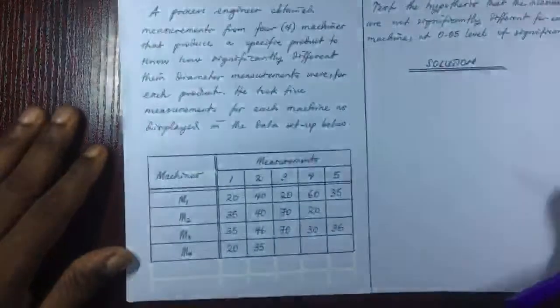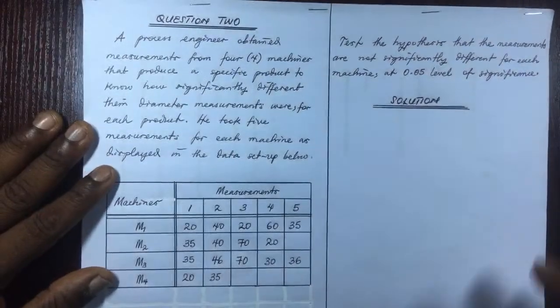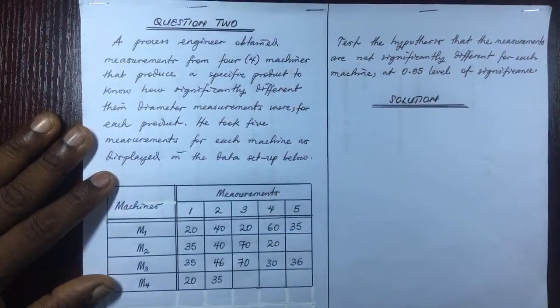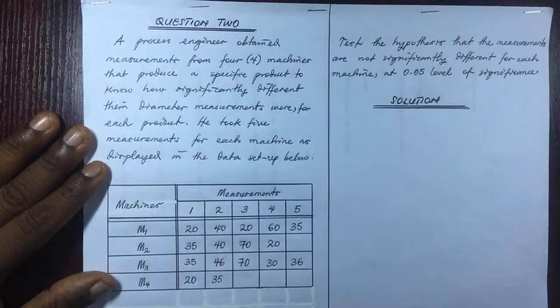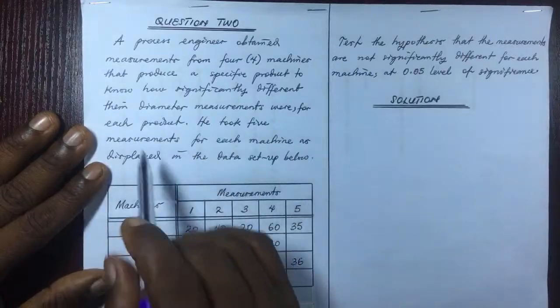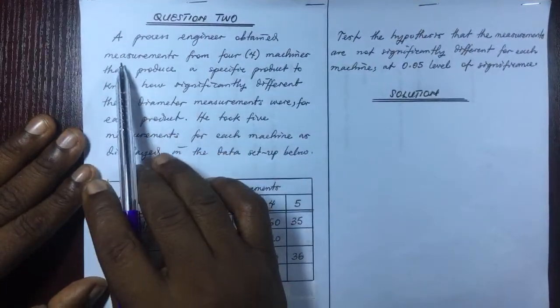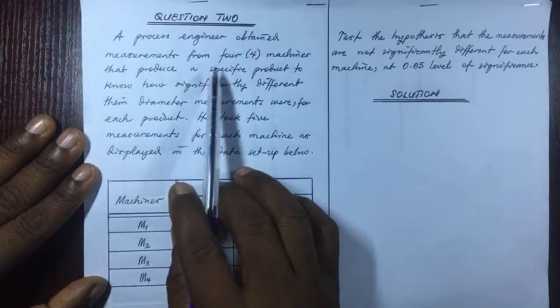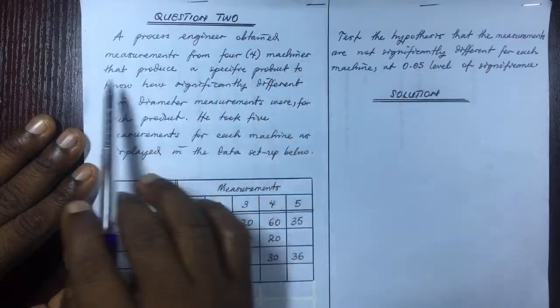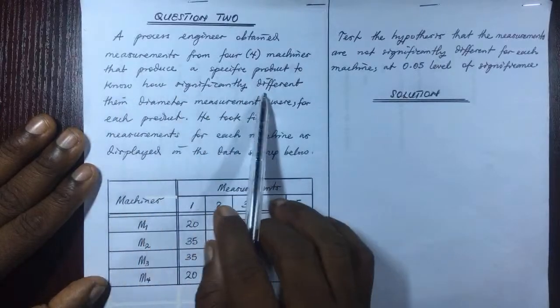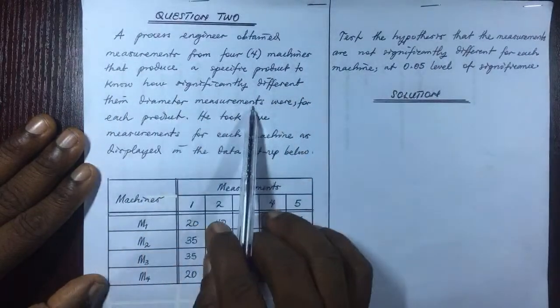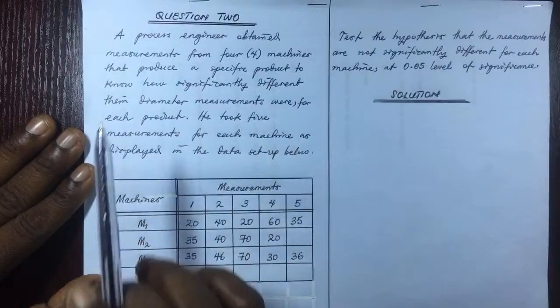Now, question 2 happens to be a problem of this nature. Question 2 happens to be a one-way Anova unbalanced problem. Now let's read the problem together. A process engineer obtained measurements from 4 machines that produce a specific product to know how significantly different their diameter measurements were for each product.